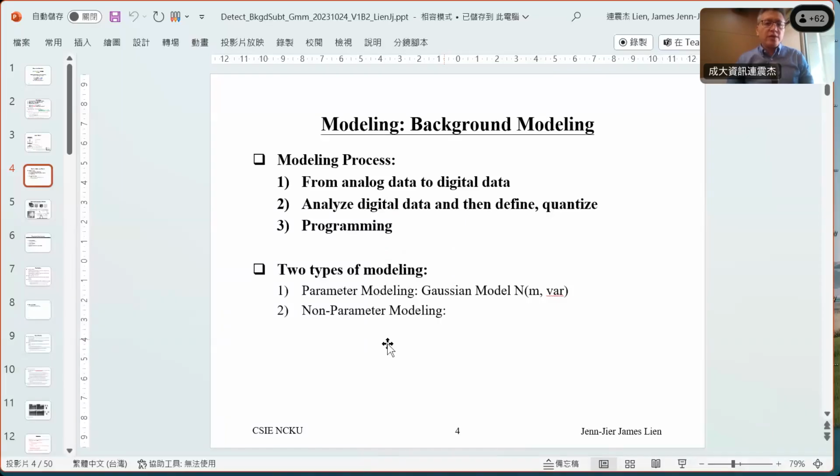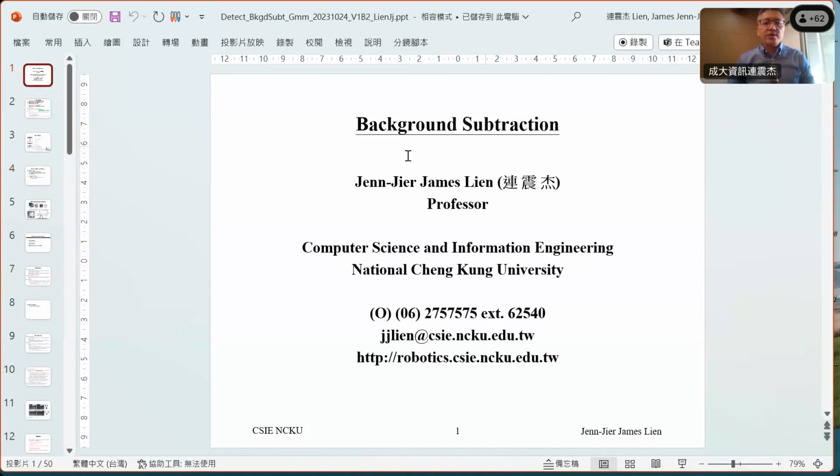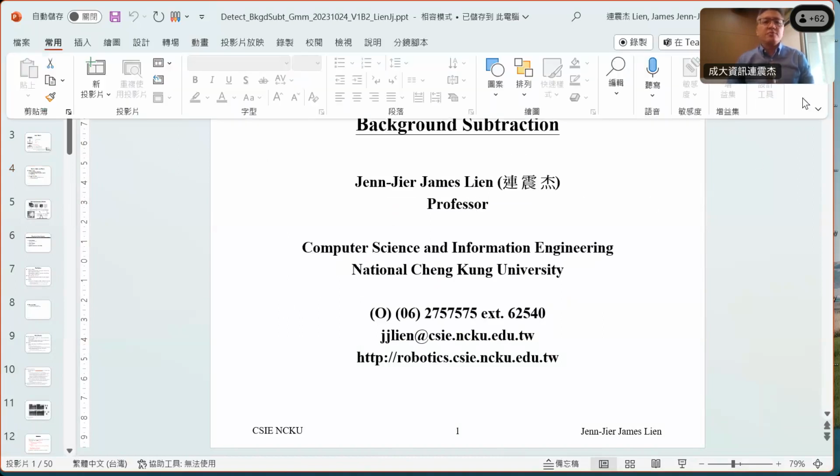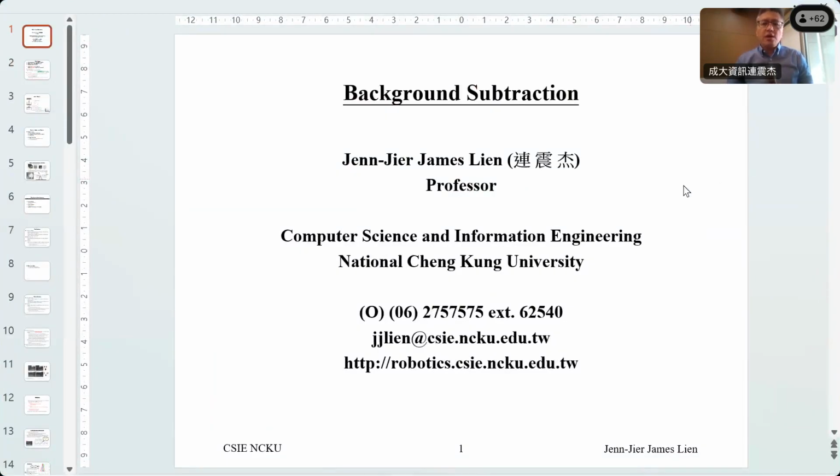So we continue this one, background subtraction. The purpose of the background subtraction is that I try to teach you the Gaussian mixture model.